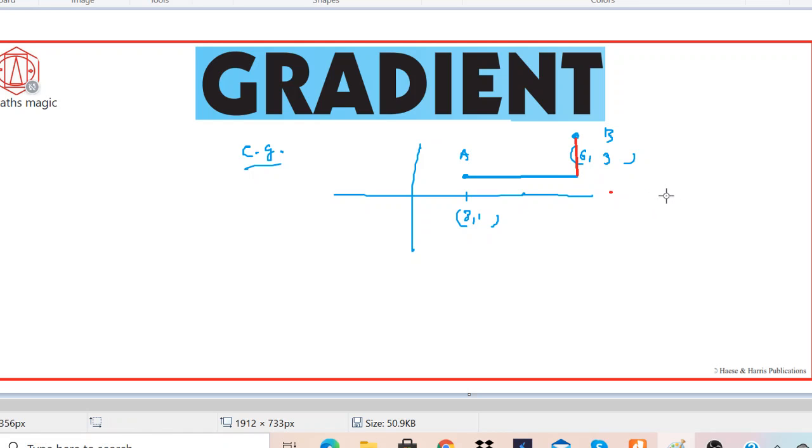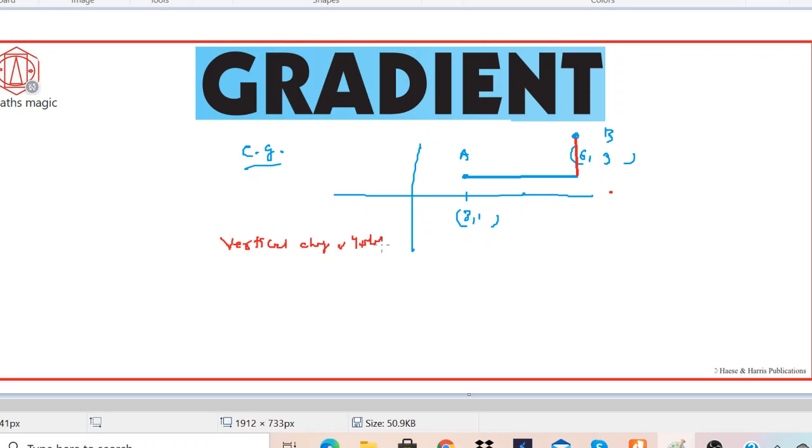So we have to calculate the vertical change and then the horizontal change. Let's first calculate the vertical change, which we also call y steps.